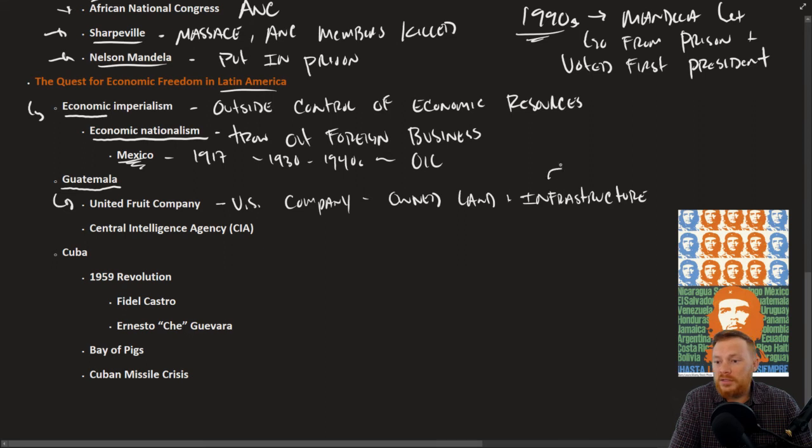Sometimes Guatemala, because of this, was called a banana republic. And a banana republic is a country in which foreign businesses more or less control the government. This was named after the United Fruit Company, which grew, amongst other things, bananas in Guatemala.